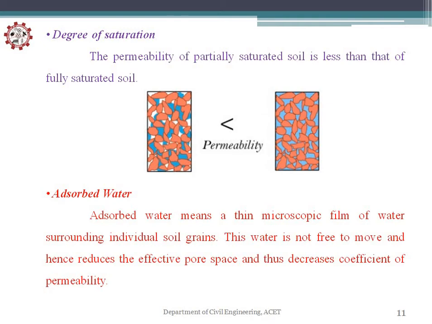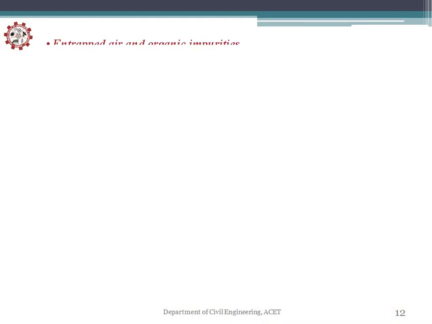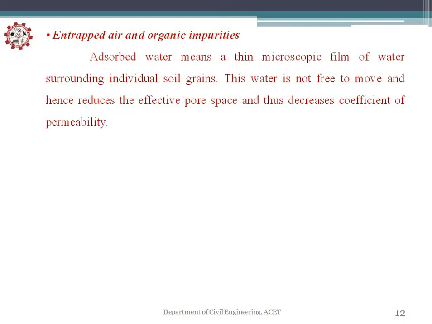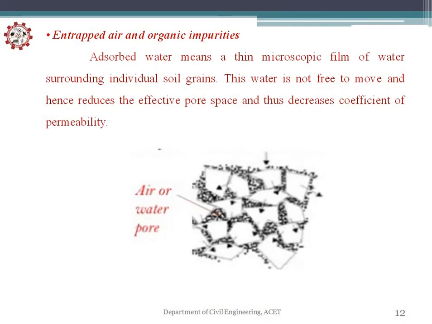So this is known as absorbed water. Next is entrapped air and organic impurities. Entrapped air means that in the soil particles you can see air or pore water, so that is known as entrapped air or impurities.